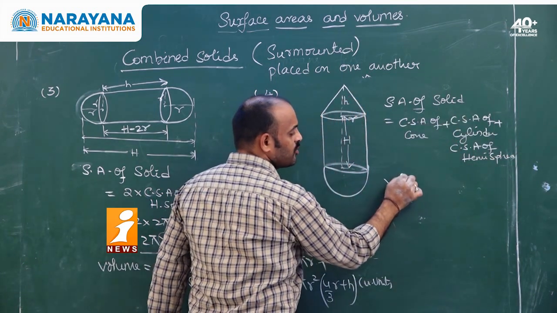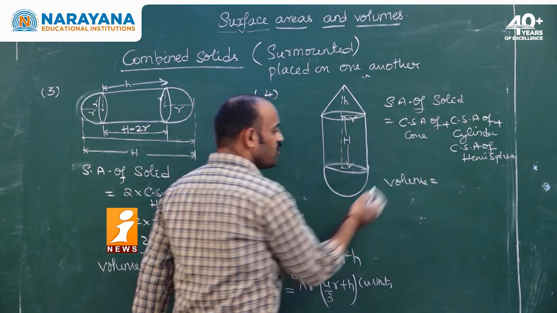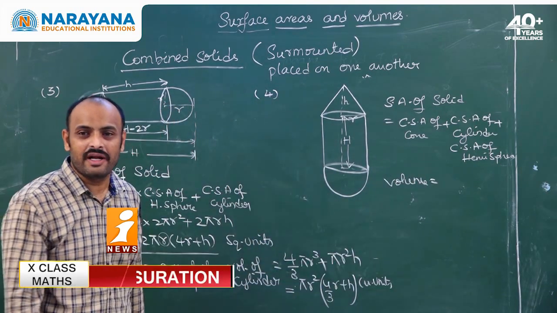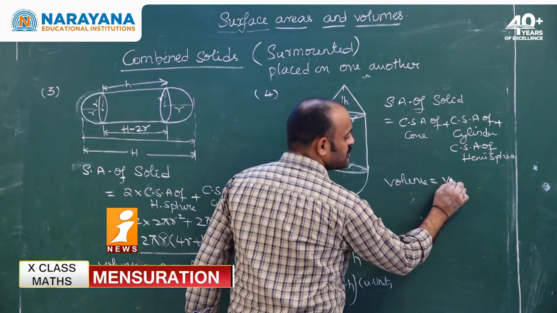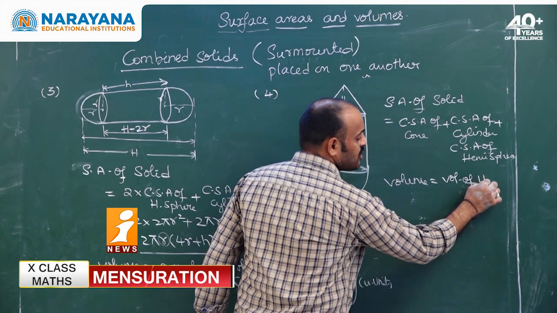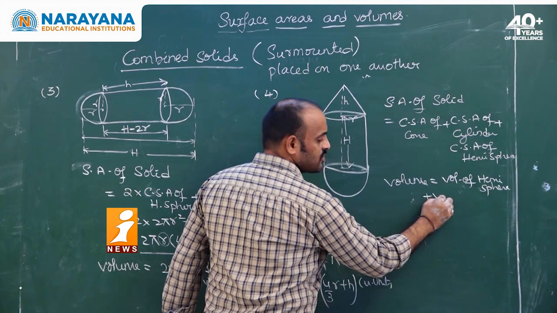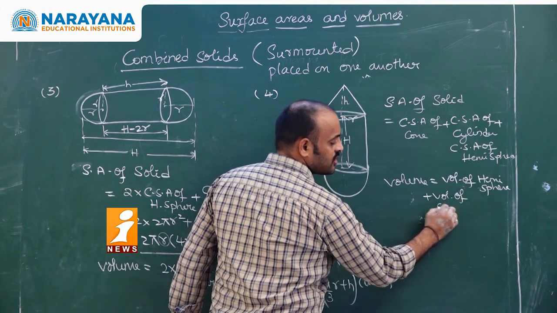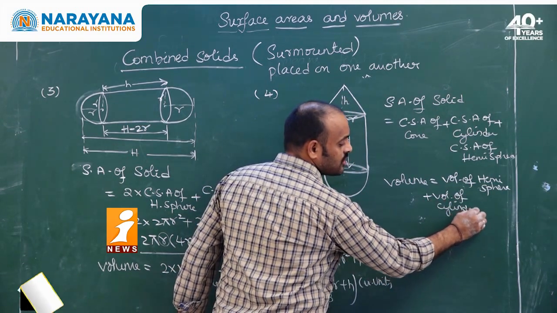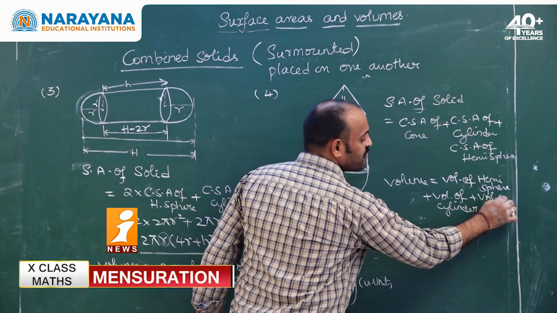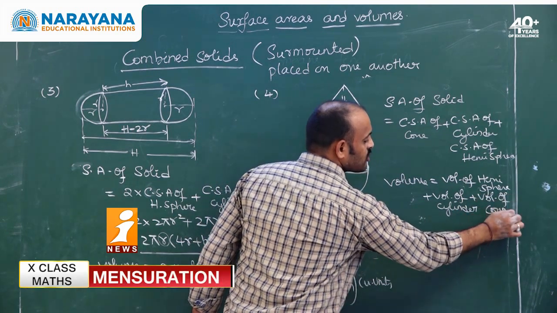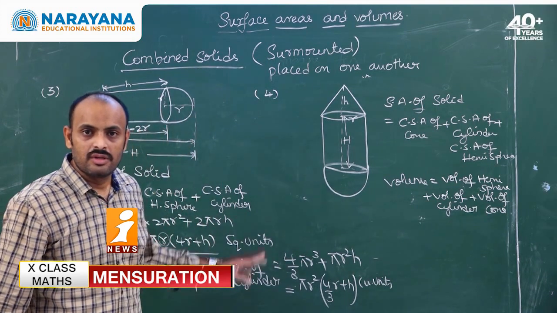Next, volume. Volume means the volume of each solid should be added. Volume of hemisphere plus volume of cylinder plus volume of cone, isn't it?